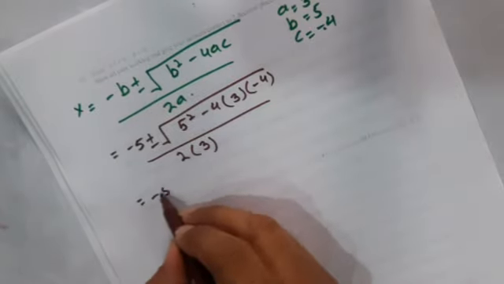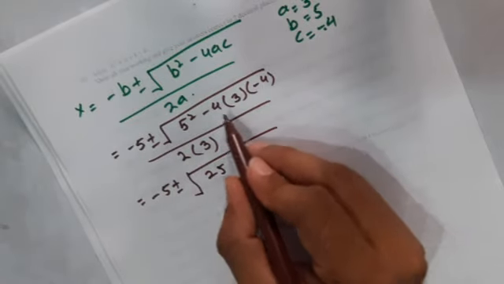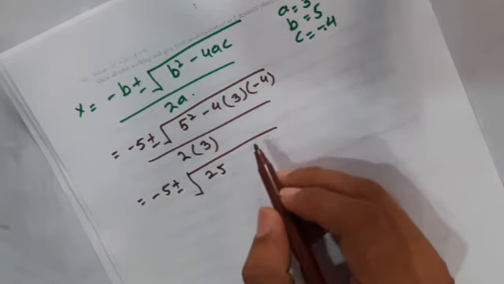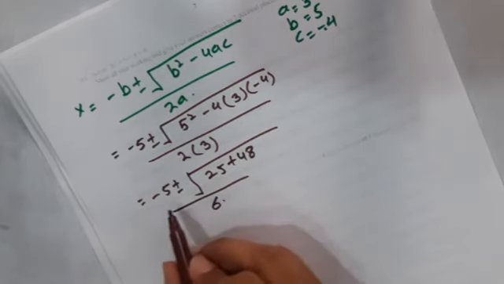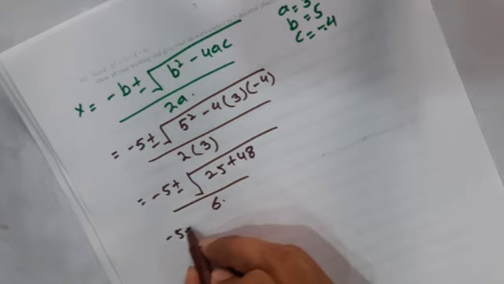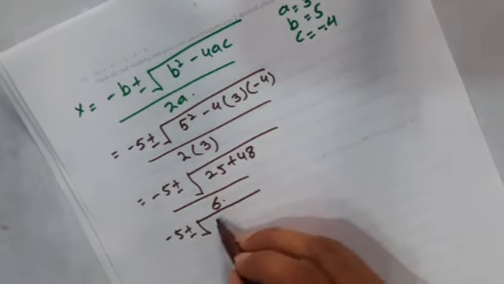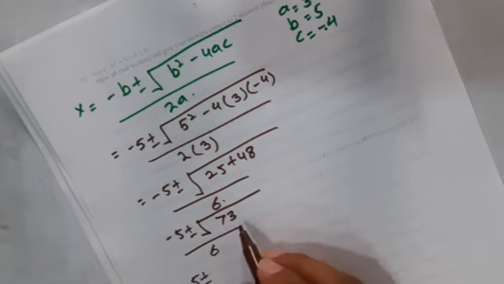Minus 5 plus minus, 5 square is 25, minus 4 into 3 is minus 12, minus 12 into minus 4 equal to plus 48, over 6. Then minus 5 plus minus the square root of 48 plus 25, which is 73, over 6.